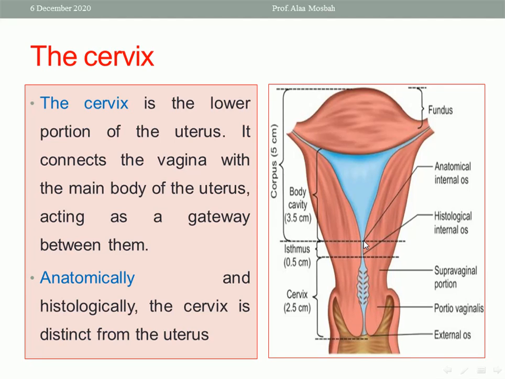This is important because during pregnancy, this will form the lower uterine segment and will reach its maximum length late in pregnancy, up to 10 centimeters in the last month. So this is the isthmus, this is the endocervical canal, and this is the external os.